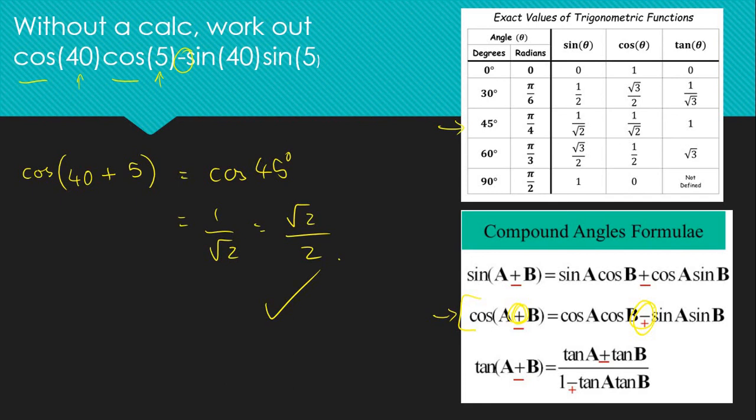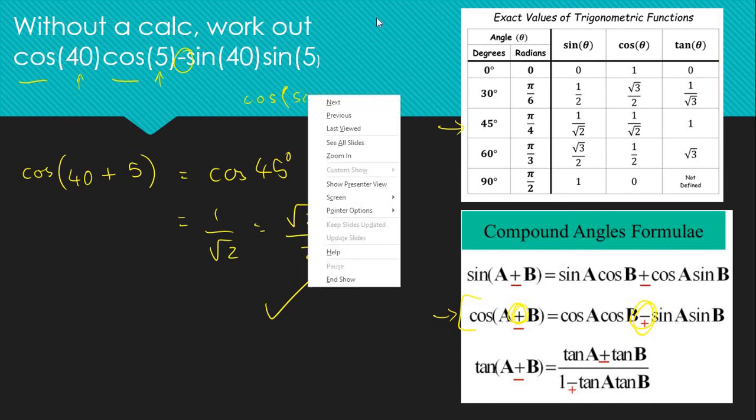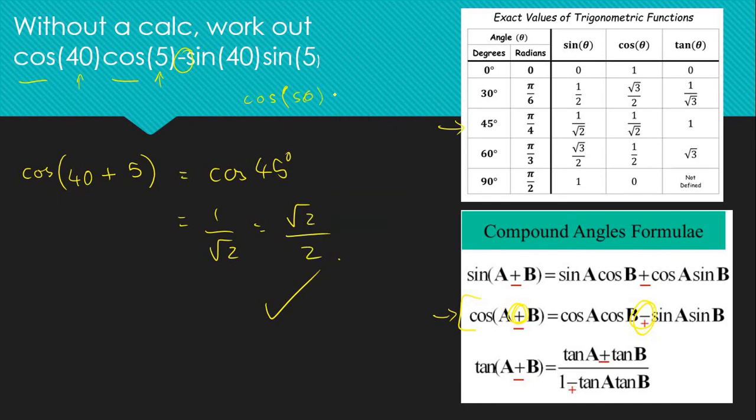Every so often you can be given one of these where it might have a 1 or a root, or some sort of value on there. So for example, if I was working out cos of 50, it might well be made up of cos of 45 plus 5.